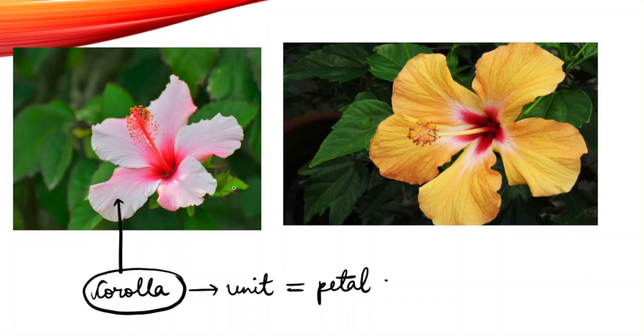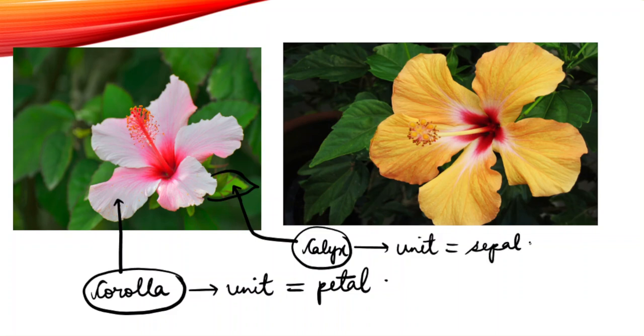Here there is a leaf-like structure, which is known as calyx. As a whole it is known as calyx, but the unit of calyx is called sepal.